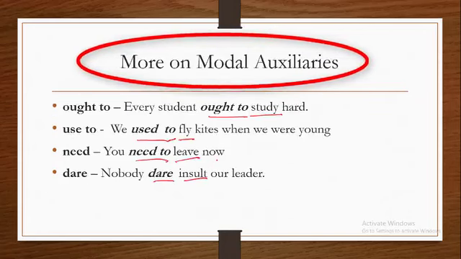So with that, if you follow the lesson critically, you would see that every one of the words used to, ought to, need to, are all helping to give more information about the main or lexical verb: study, fly, live, and what? Insult.